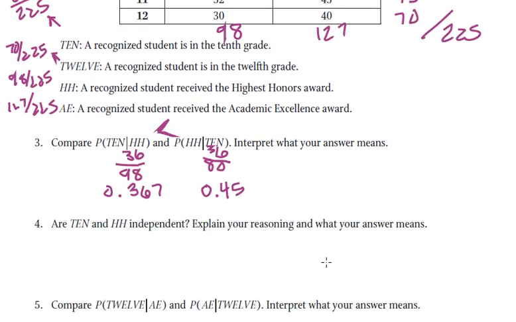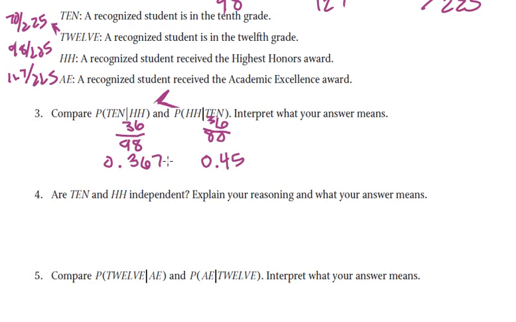All right, so number 4 here wants to know whether they are independent. So here, the probability of 10 given HH would be the same as the probability of 10.